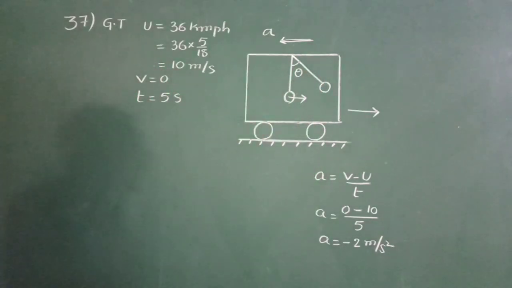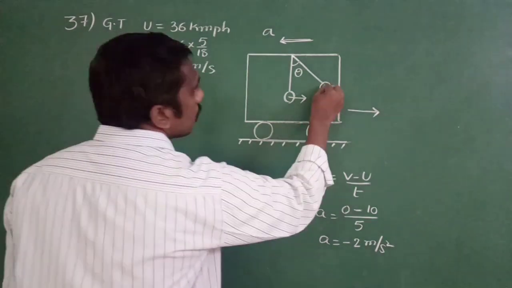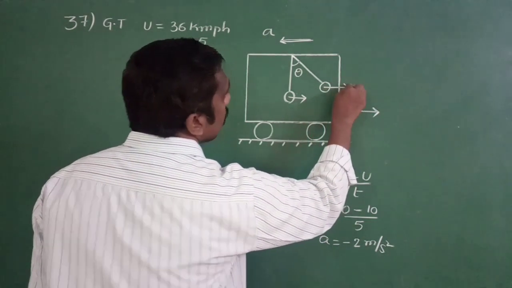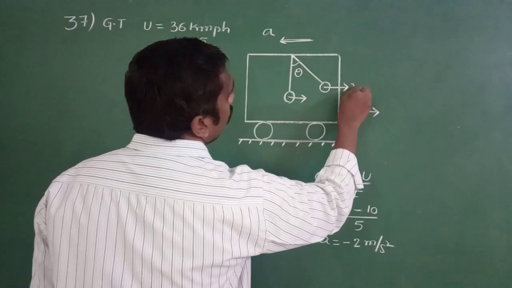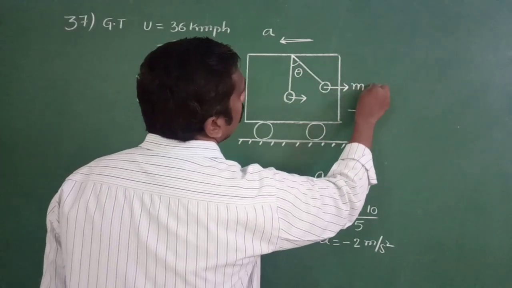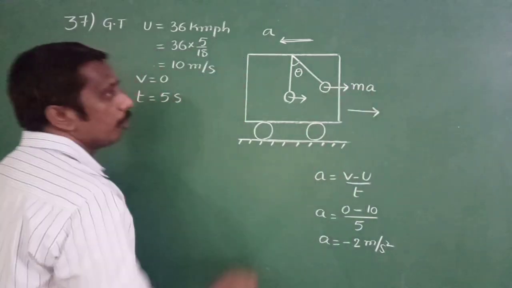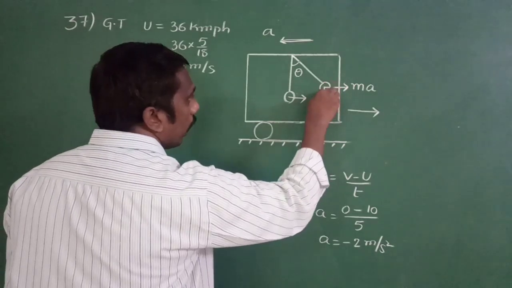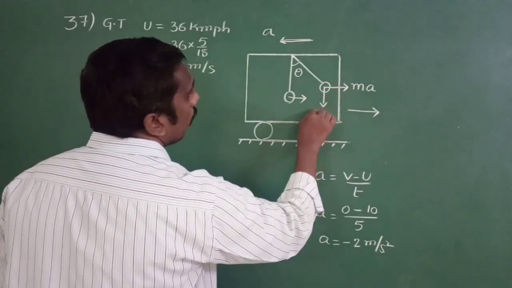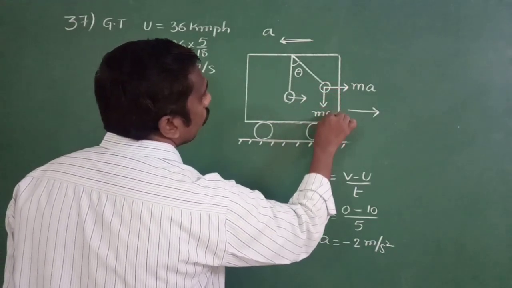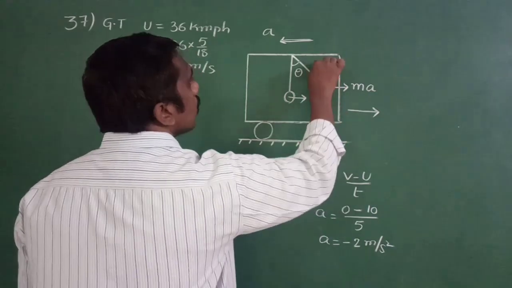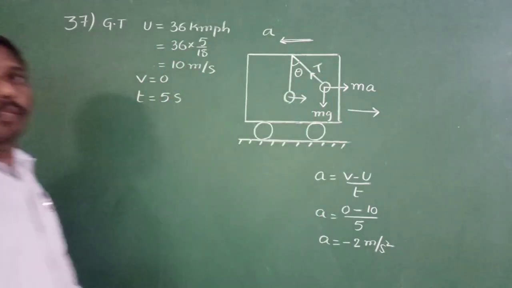We have to calculate theta. In this case, the pseudo force is acting in this direction. Pseudo force is equal to the mass of the ball times the acceleration of the reference frame. Next, its weight mg is acting downward and the tension is acting in this direction.